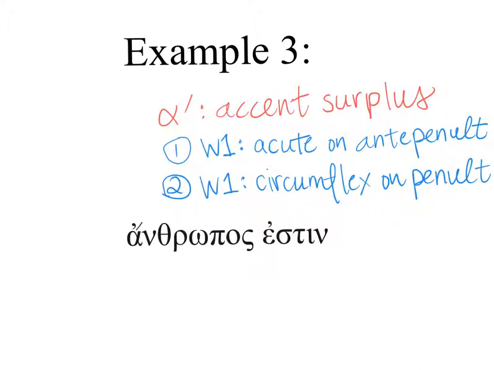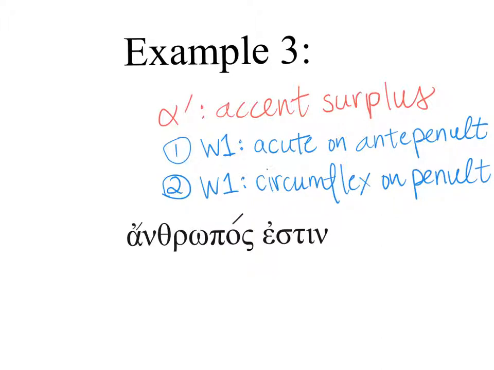Let's take a look. So there's an acute here, and this is the ultima. This is the penult. This is the antepenult. So we have an acute on the antepenult. So we do get magical accent surplus happening here. And what happens is we stick an extra acute on the ultima. Let's go right ahead and do that.